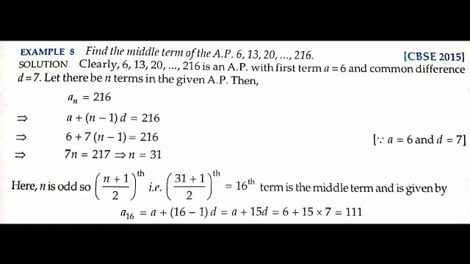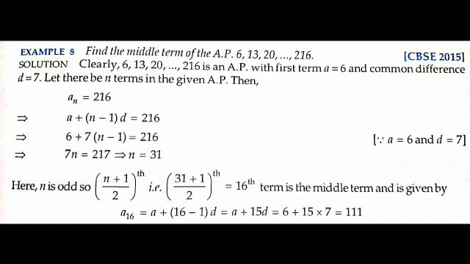Here n is odd, so the middle term is the (n plus 1) by 2th term, that is (31 plus 1) by 2, that is the 16th term is the middle term. How can we find the 16th term?